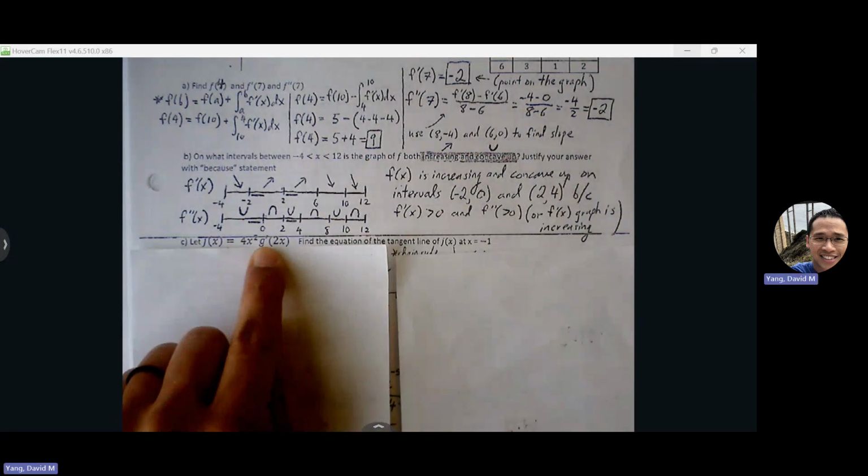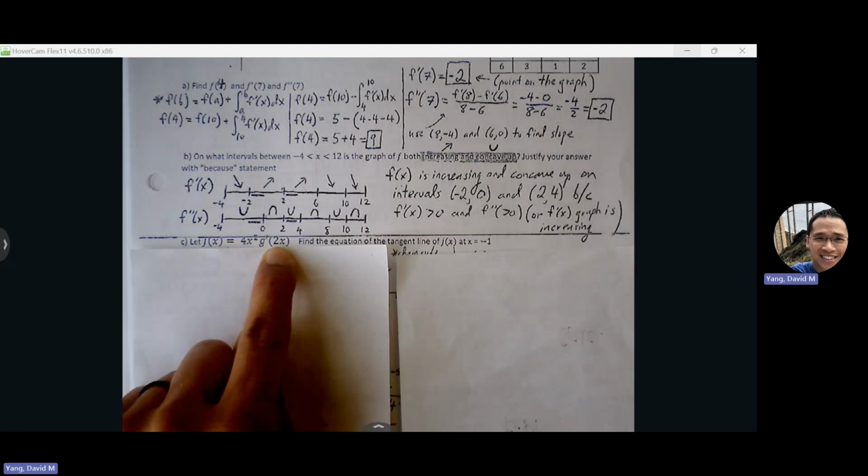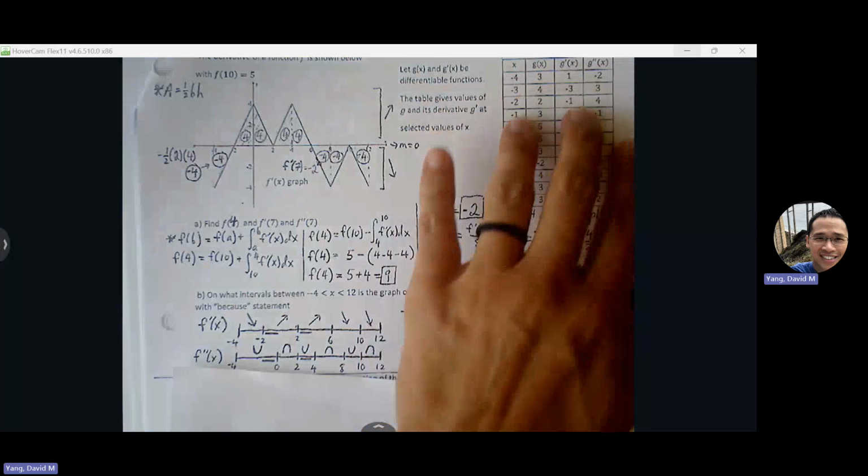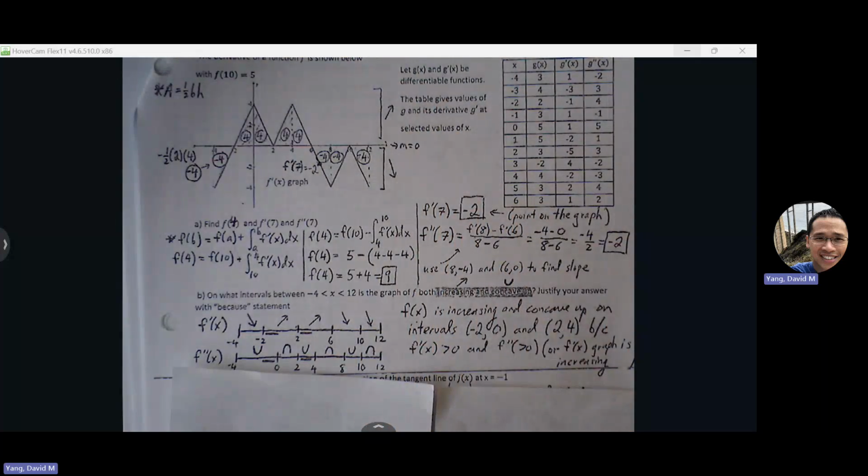Okay, so now you're dealing with the G graph, or G function. So we're no longer going to look at the graph anymore. We're going to refer to the table now.